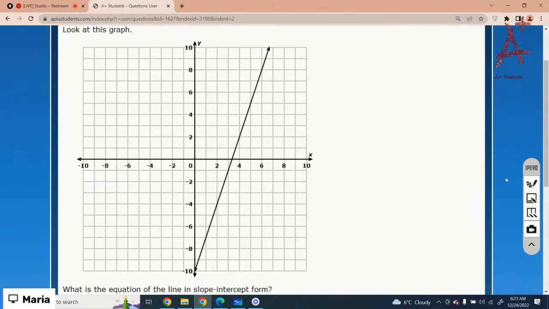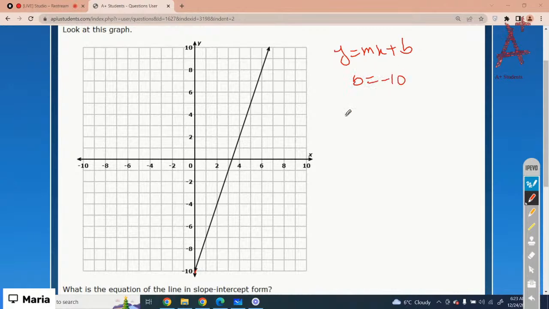So again, for this one, you have to find the y-intercept and the slope, y equals mx plus b. So the y-intercept is negative 10. Got it?